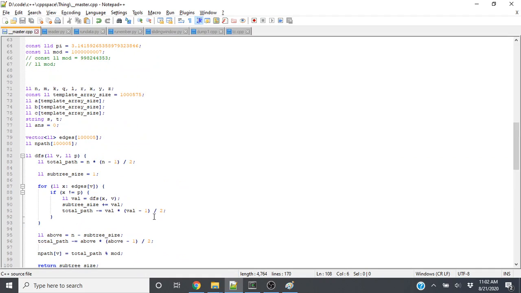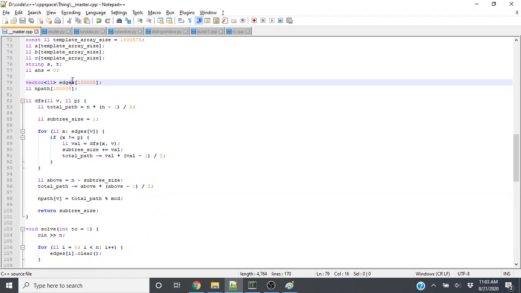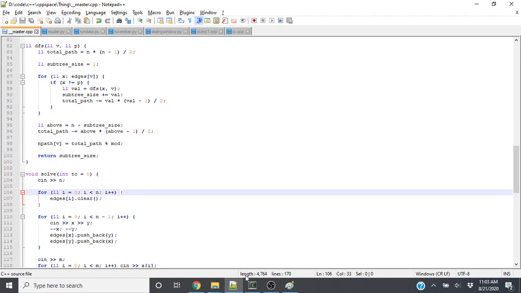It's always a good idea to make sure we reset the global variables, or just don't use them. Edges we do reset. We do need them for the DFS, unless we want to use lambda functions. Let's not, that's kind of confusing. So n path we don't need to reset because we're not relying on previous values. And edges we reset now.